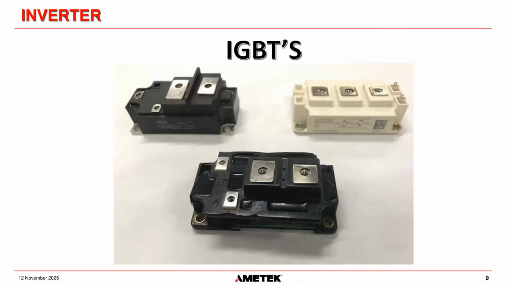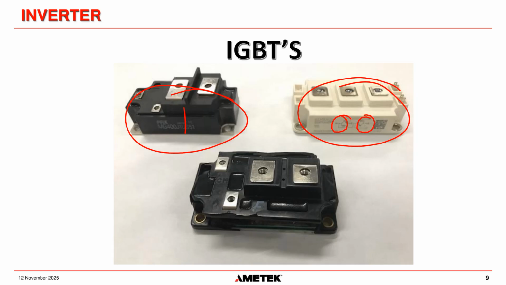And this is what the IGBTs inside our UPS look like. This pack here only has one IGBT in it, and this pack here has two IGBTs. It's very difficult to see on the screen here, but there's one there and one there, and they share one of these terminals together.